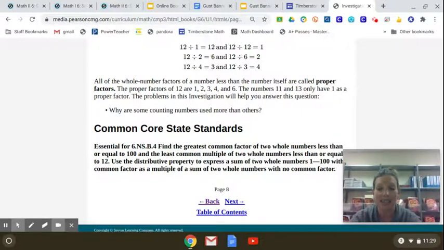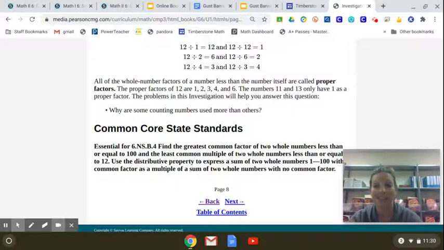Something that's very different about your book that may be extremely different from what you did in elementary school is this book is not a resource. And what I mean by that is if you're looking for a book that tells you how to do a problem, this book is not what you're looking for. This book is a guide. It gives you some vocab and some direction, but we're going to talk a lot this year about you being the problem solver.